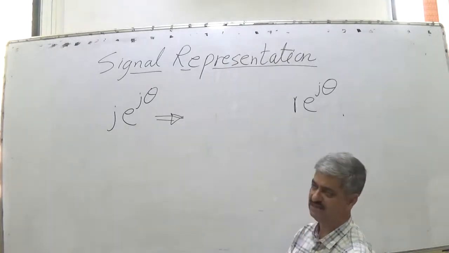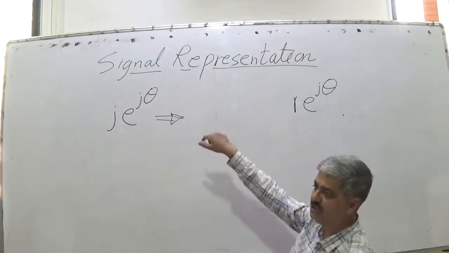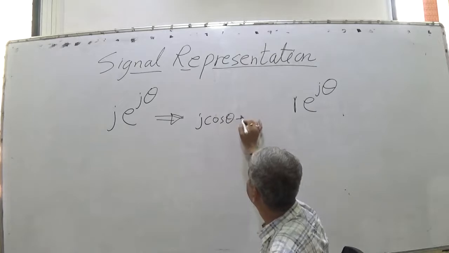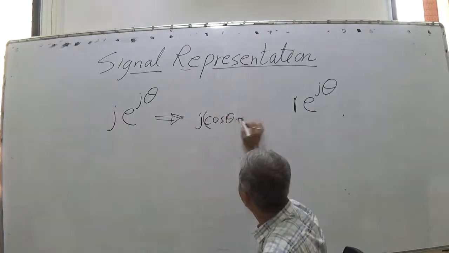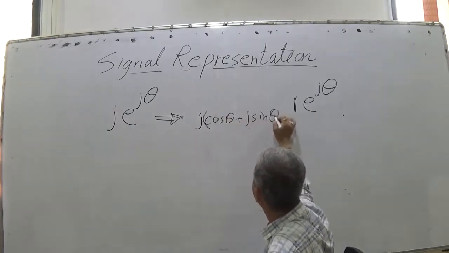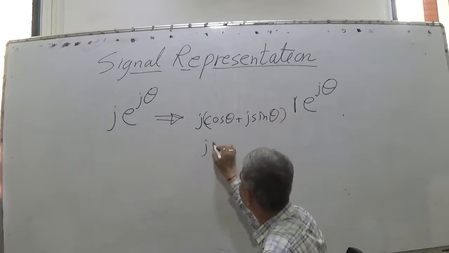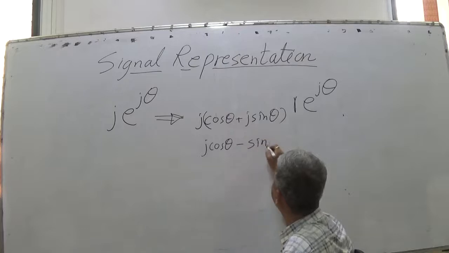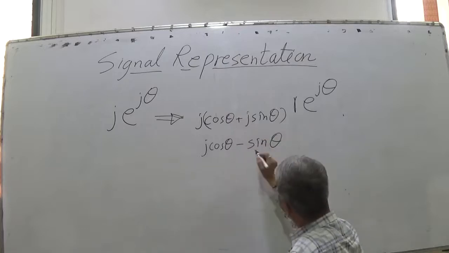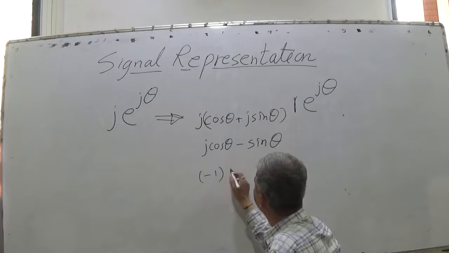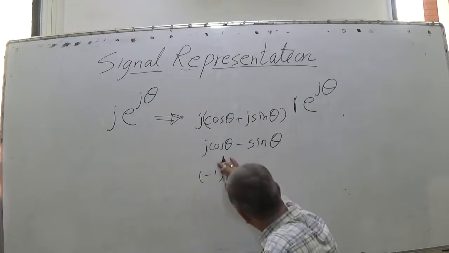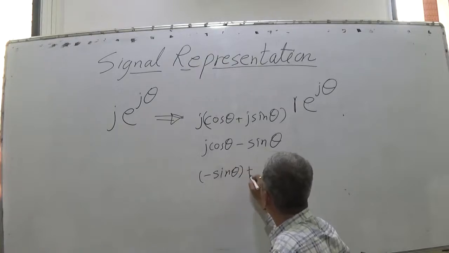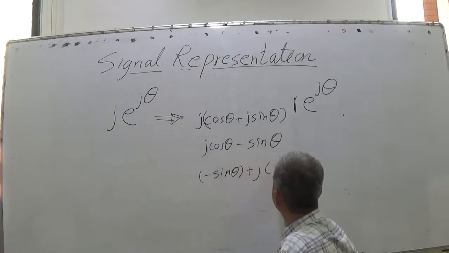You use your first identity, that e raised to j theta is cos theta plus j sin theta, so j into cos theta plus j sin theta is your j e raised to j theta. So it is j cos theta plus j square sin theta. So the real part is minus sin theta plus j into cos theta.